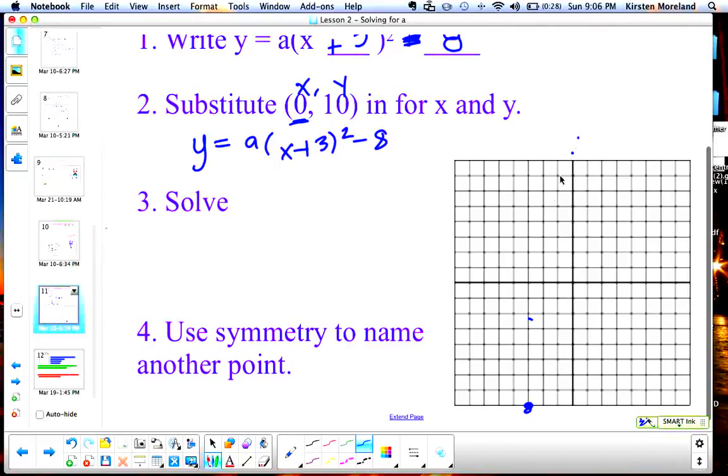So you can quickly see, I'm going to use my straight edge. My axis of symmetry is right here. My other point is way up here. So you can quickly see that this U is going to be very, very narrow.